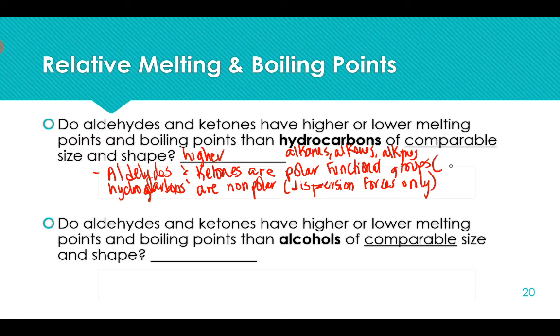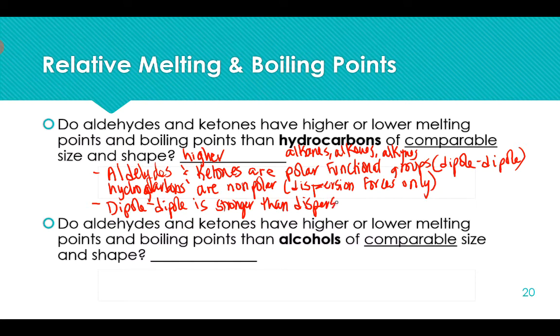And since these are polar, they're going to have dipole-dipole. And then our reasoning is that dipole-dipole is stronger than dispersion and takes more energy to melt or boil. So we'd have to go to an even higher temperature to boil because the intermolecular forces are stronger.